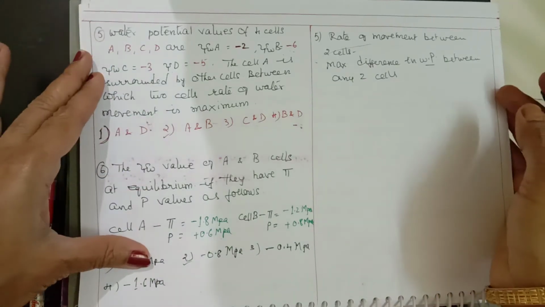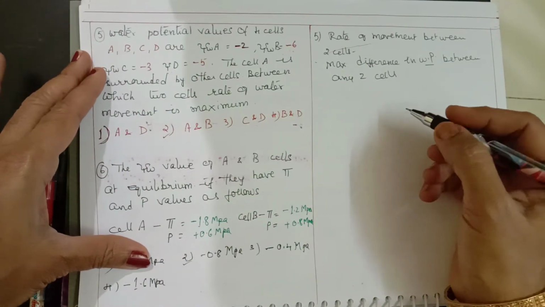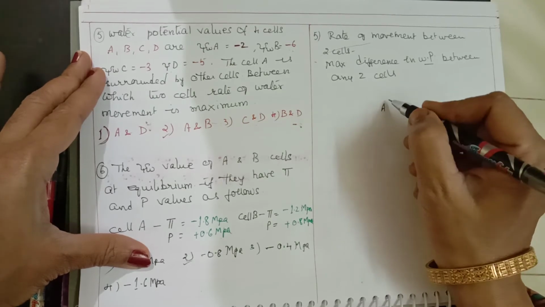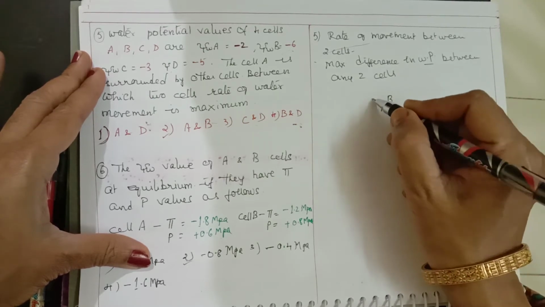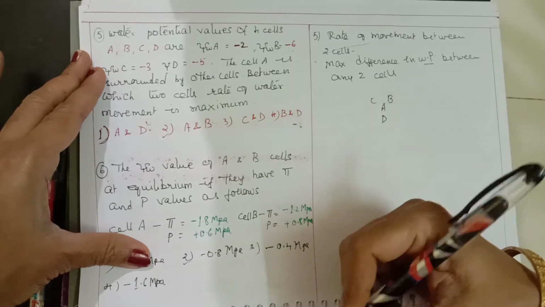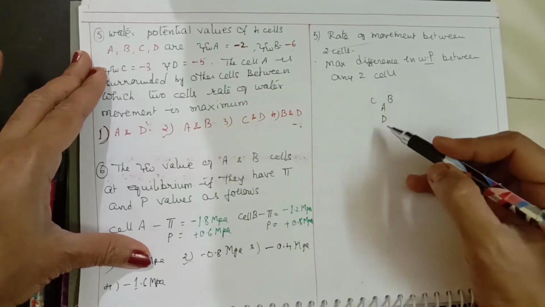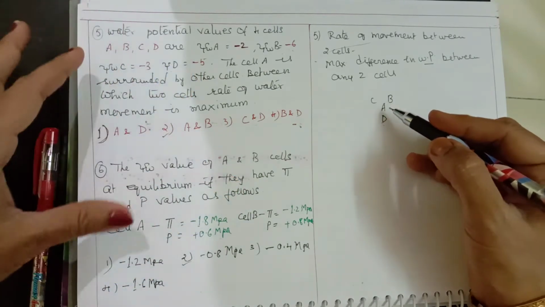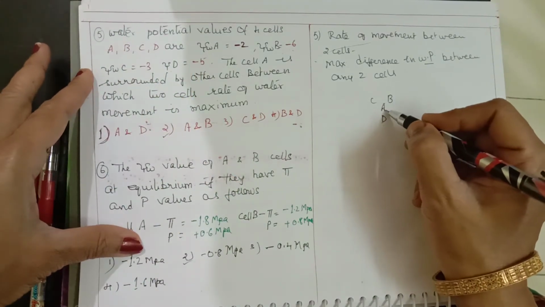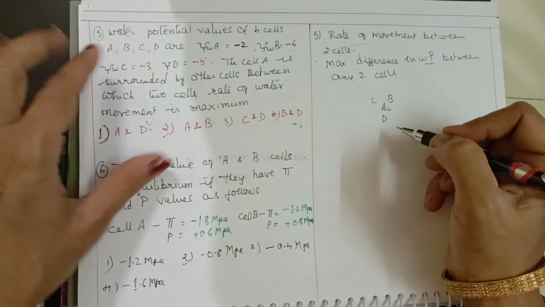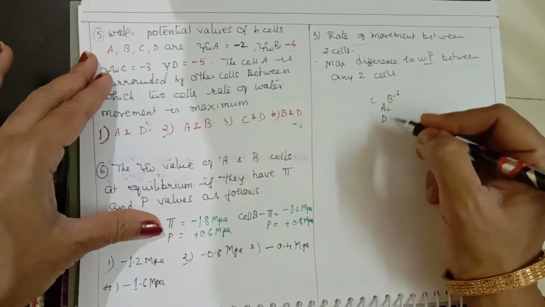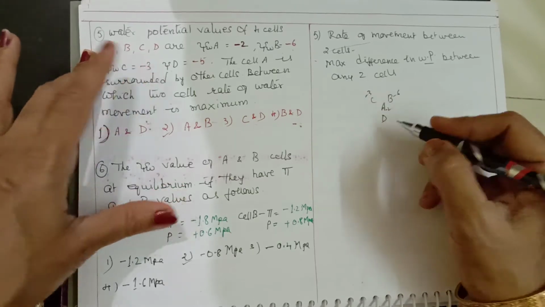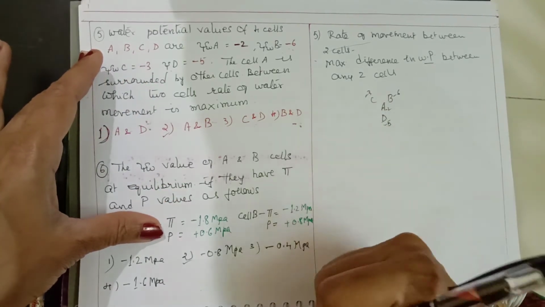This we can represent in another way also. Listen carefully. Cell A, I will put at the center, surrounded by the other cells B, C and D. So the water potential of A is -2, B is -6, C is -3 and D is -5.